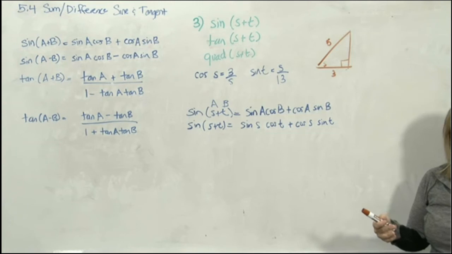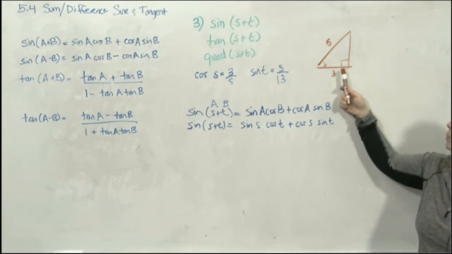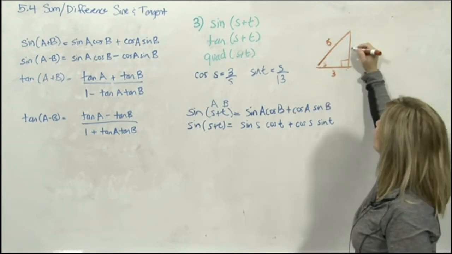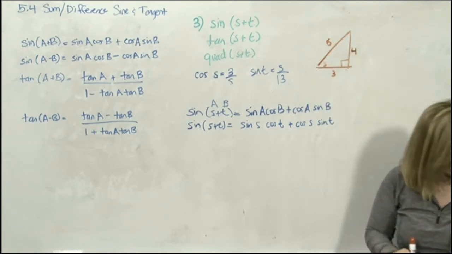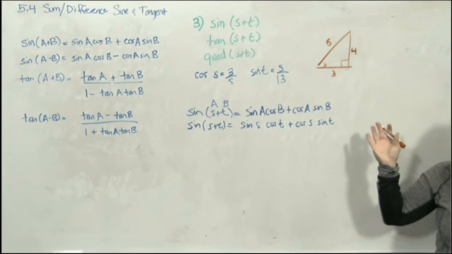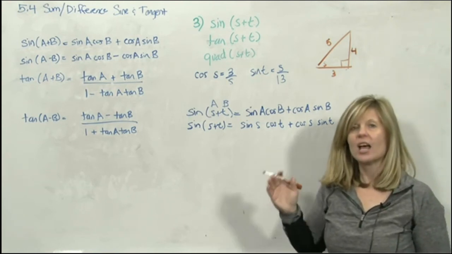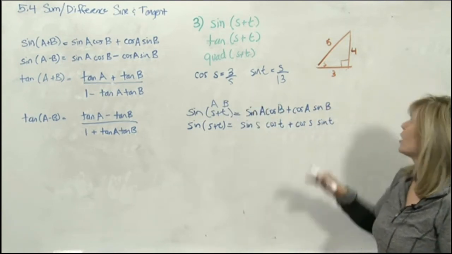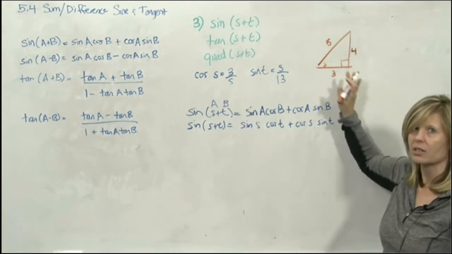Now, we could do Pythagorean theorem. X squared plus y squared equals r squared. Or if you remember, this is a 3, blank, 5. It's a 3, 4, 5. Now, what quadrant am I in? Well, it says in the directions, angle S and angle T are in quadrant 1. And if we're in quadrant 1, we know all our numbers are going to be positive.